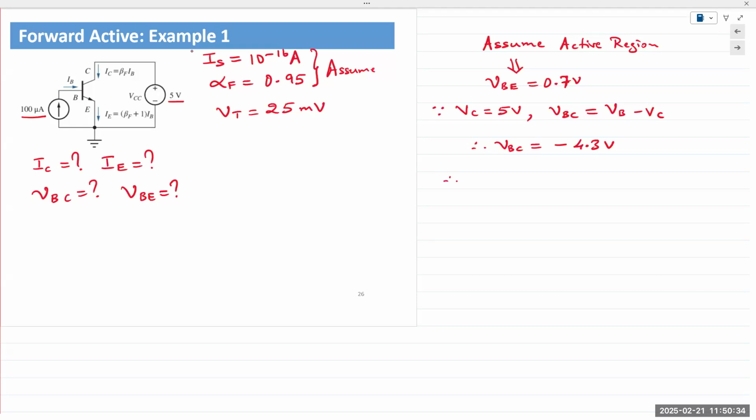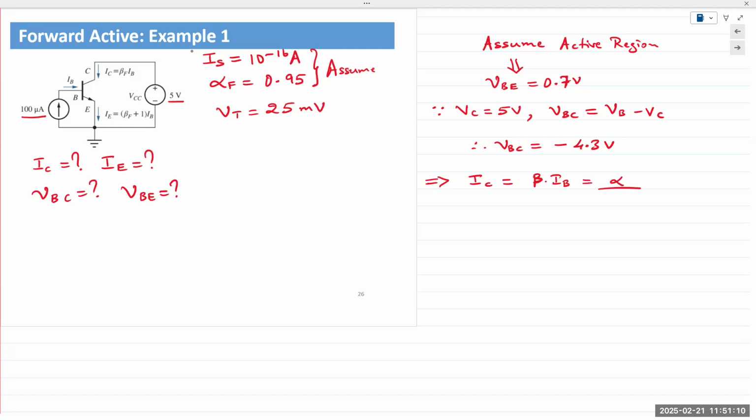Then we can find IC. That's the next step. In this case, it's convenient that it's a current source, so we don't have to find IB.